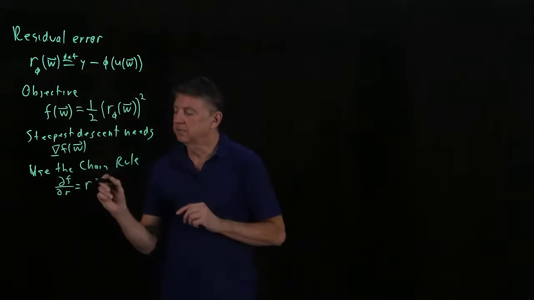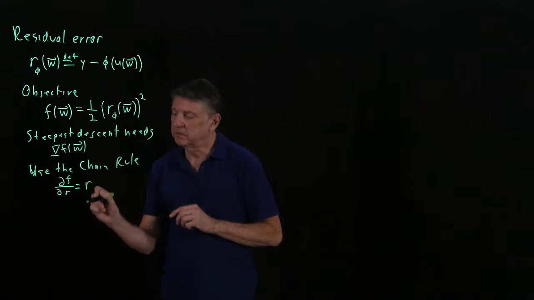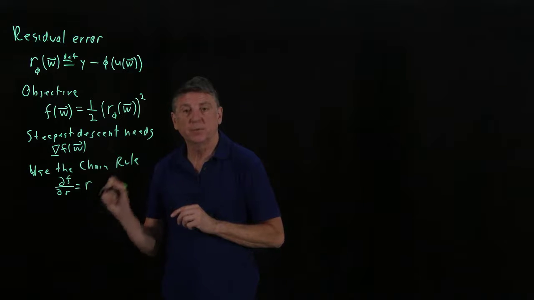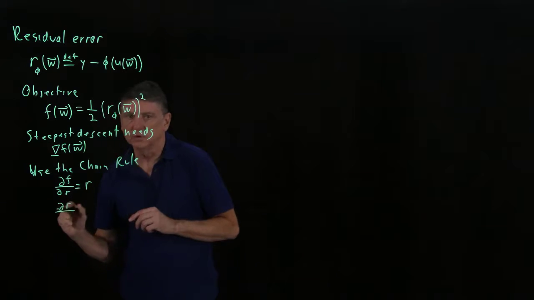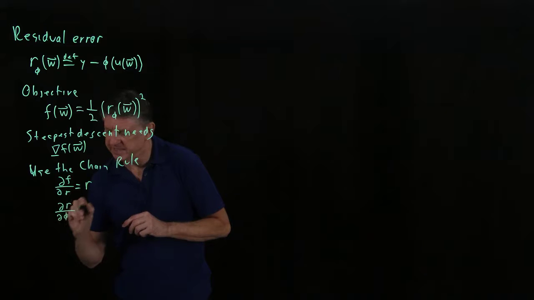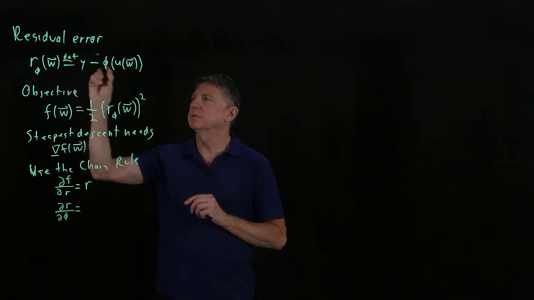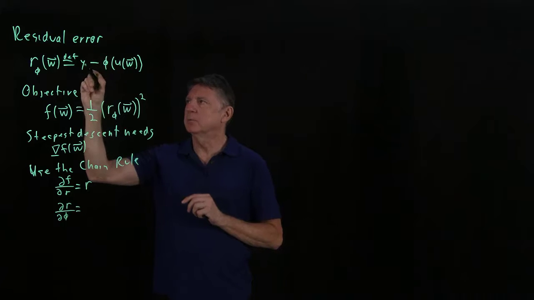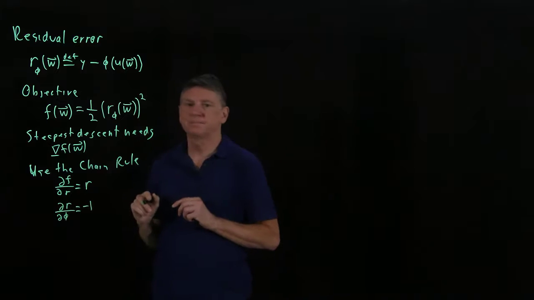And I'll omit, for now, the arguments so that we can clearly see what we have here. The derivative of the residual with respect to the activation function, we would take this and differentiate with respect to phi, so that will drop out and that will simply be -1.